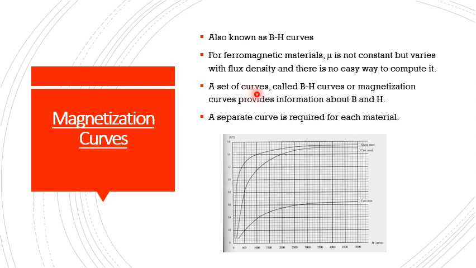So a set of curves called BH curve or magnetization curve provides information about B and H. A separate curve is required for each material. Here we have 3 types of core: cast iron, cast steel, and sheet steel. So we have different B and H values.